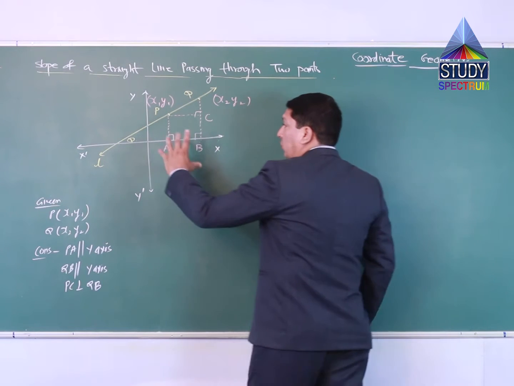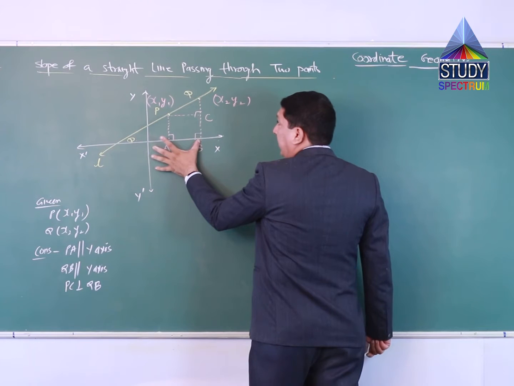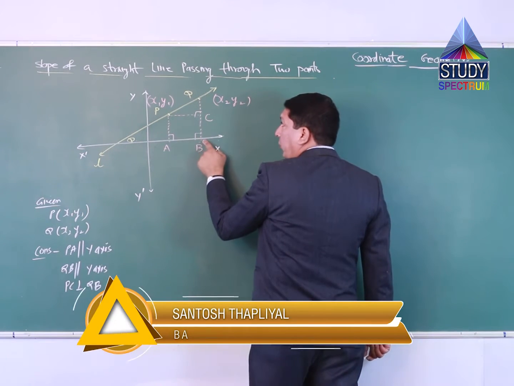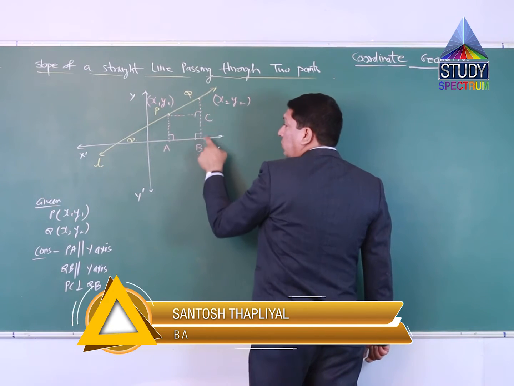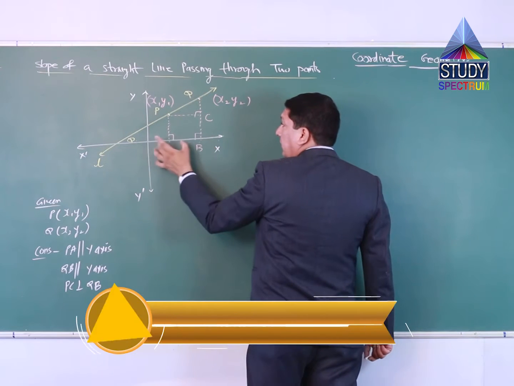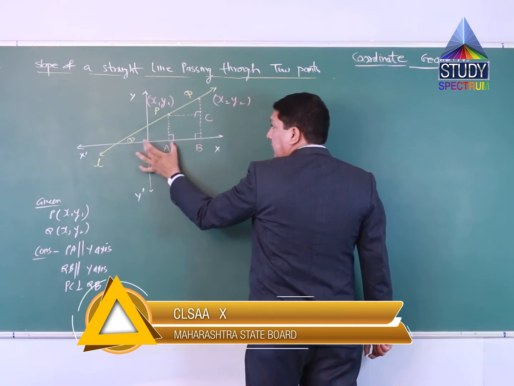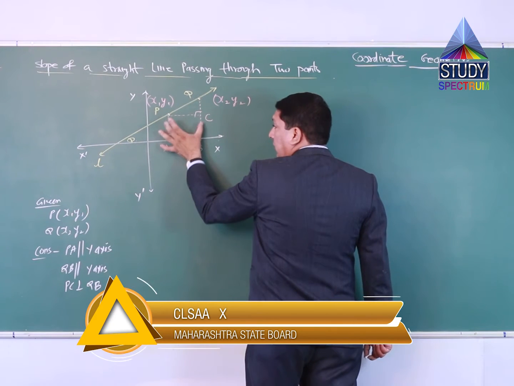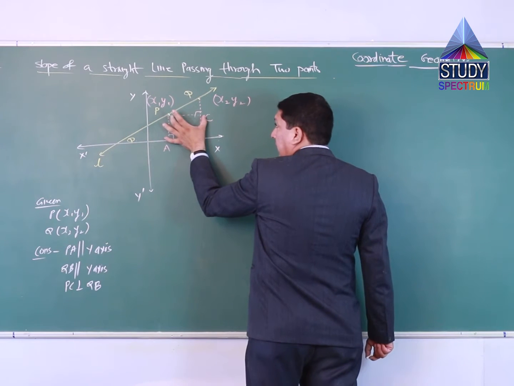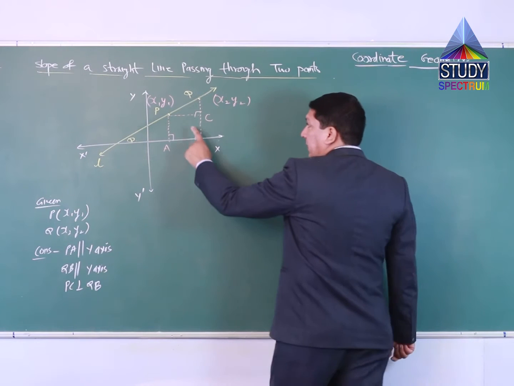Before that, have a look now over here. If you look at x2, this full is x2, right? Because point B and point Q, that distance is x2, x coordinate. This distance is x1, right? So this distance will become x2 minus x1. You getting it?